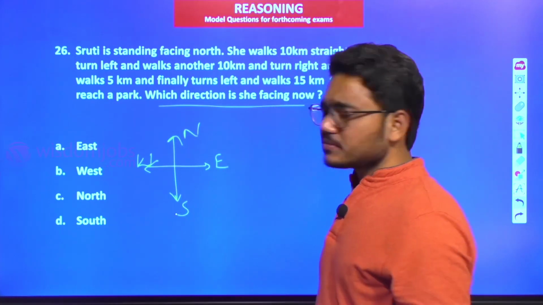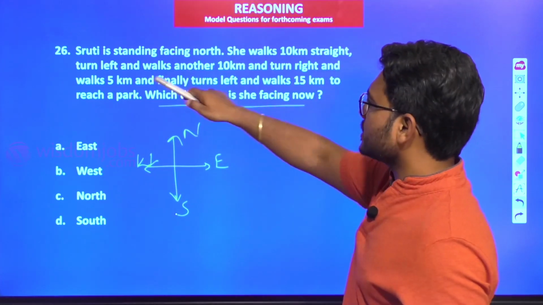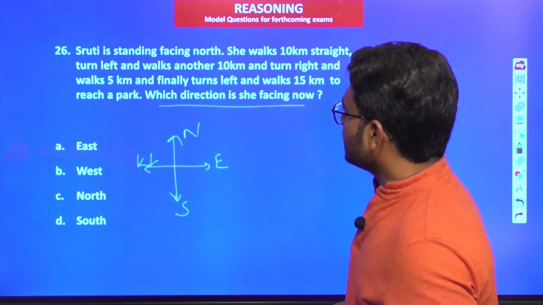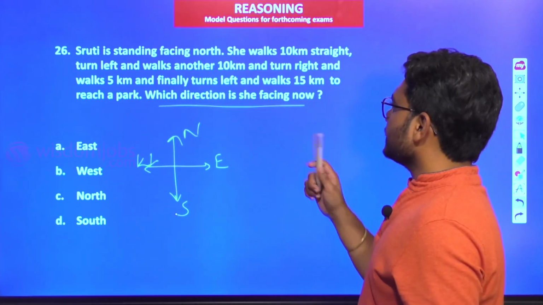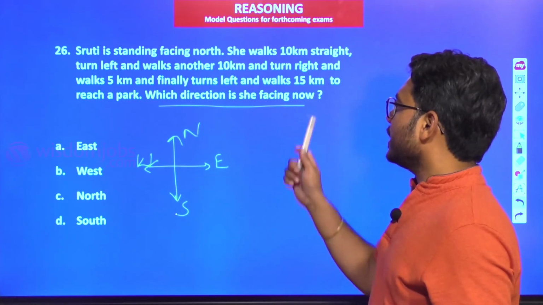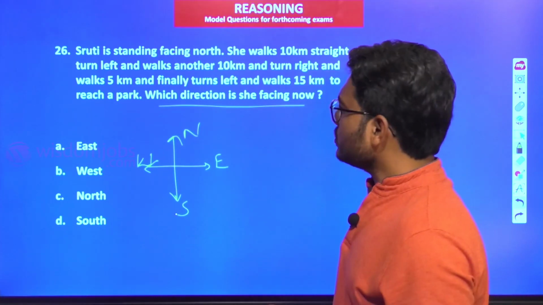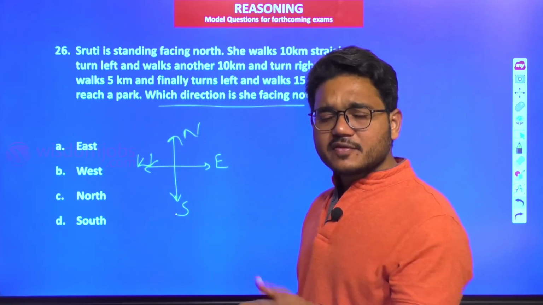Let us see. Shruti is standing facing north. She walks 10 kilometers straight, turns left and walks another 10 kilometers, turns right and walks 5 kilometers, and finally turns left and walks 15 kilometers to reach a park. There are just right and left turnings.